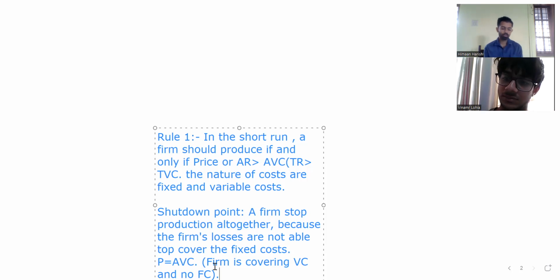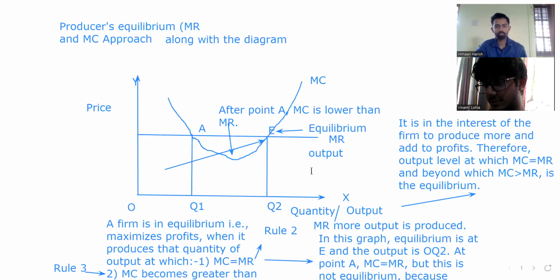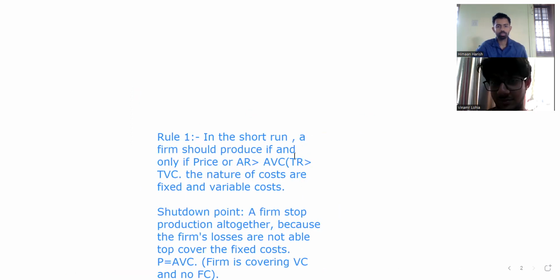So just follow this explanation for rule 1. The graph is very similar, the same as this. Just follow the rule 1 explanation, which we just mentioned here.